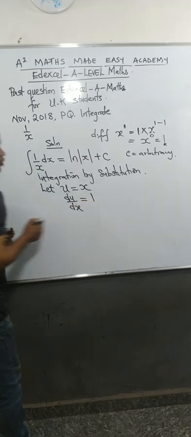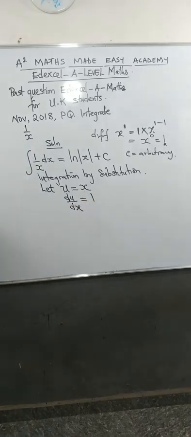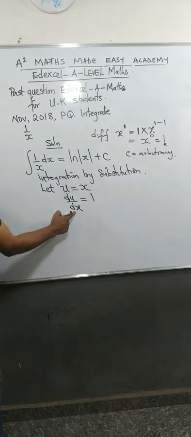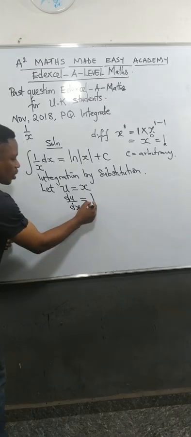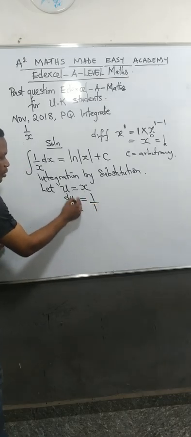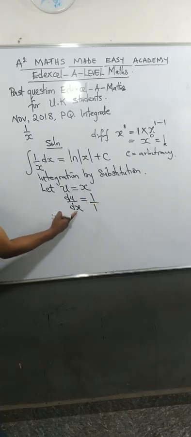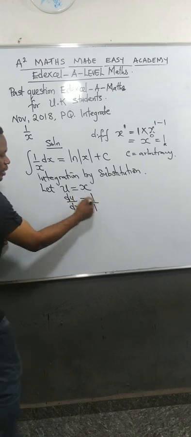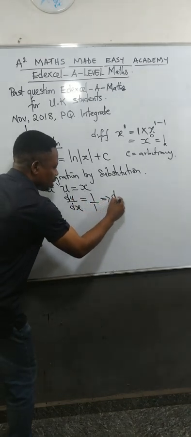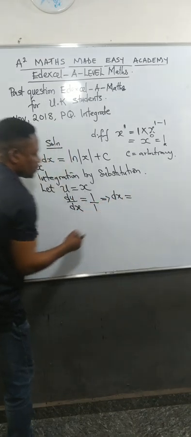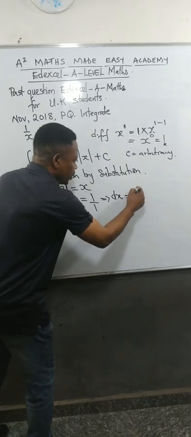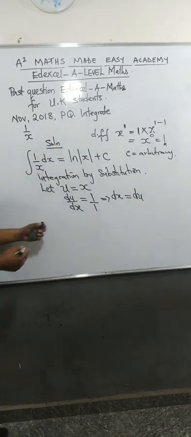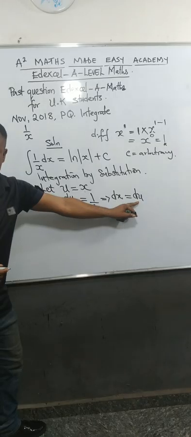The answer is 1. Then my target is to make dx the subject of the formula. Call this over 1, then cross multiply. I will now say dx times 1 gives you dx, then equals du times 1, which gives you du. So the value of dx is already known. What is it now? du.